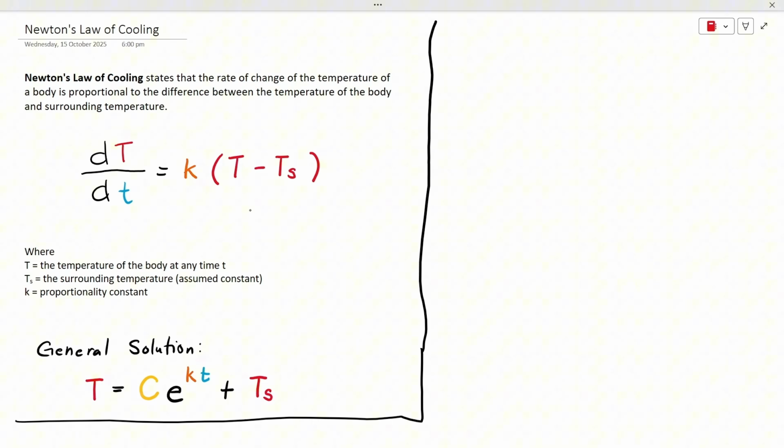Solving this differential equation gives us the general solution T equals C e raised to kt plus T sub S. This general solution will be used to solve some applications.